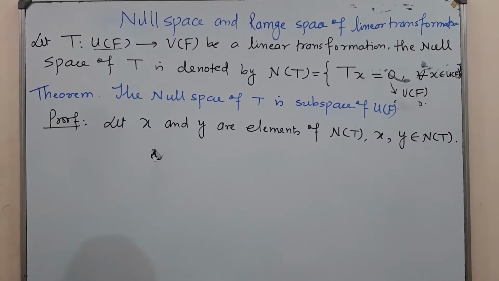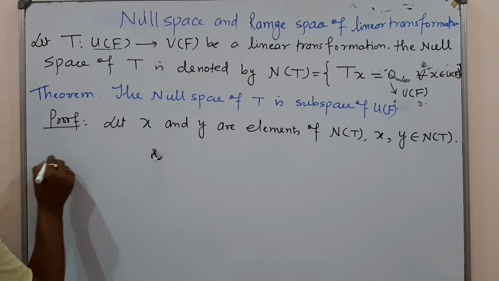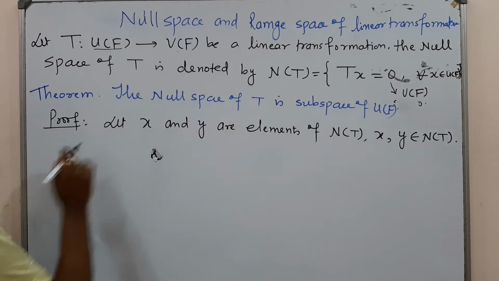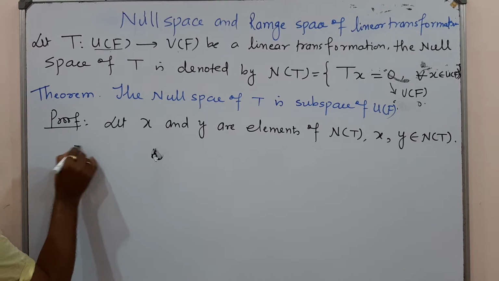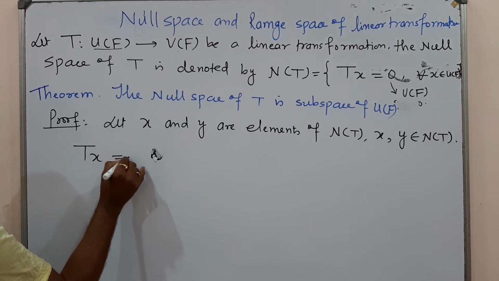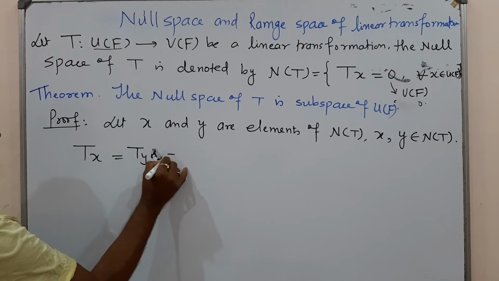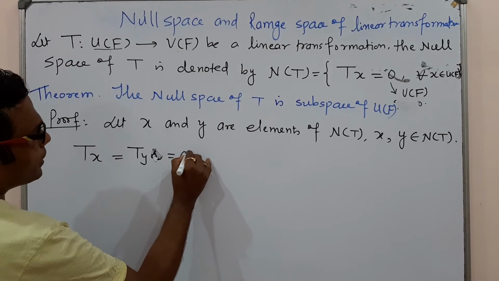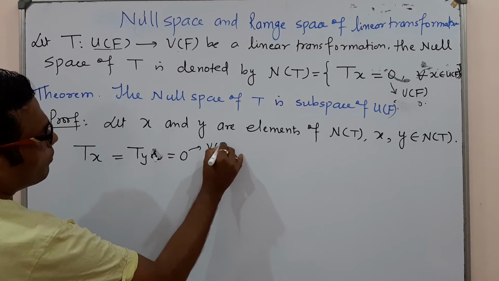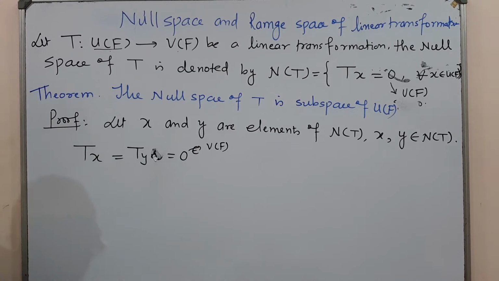So what is the definition of the null space of T? According to the definition, Tx and Ty both are equal to 0, and this 0 is a member of VF. That is, they are mapped with the 0 element of vector space VF here.